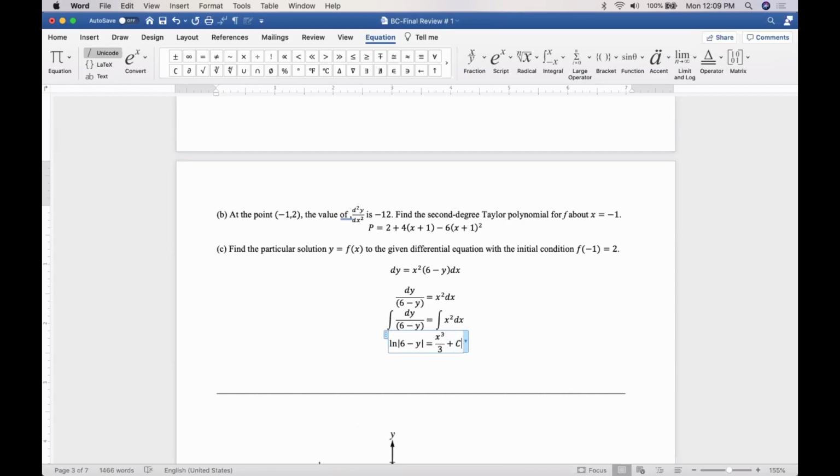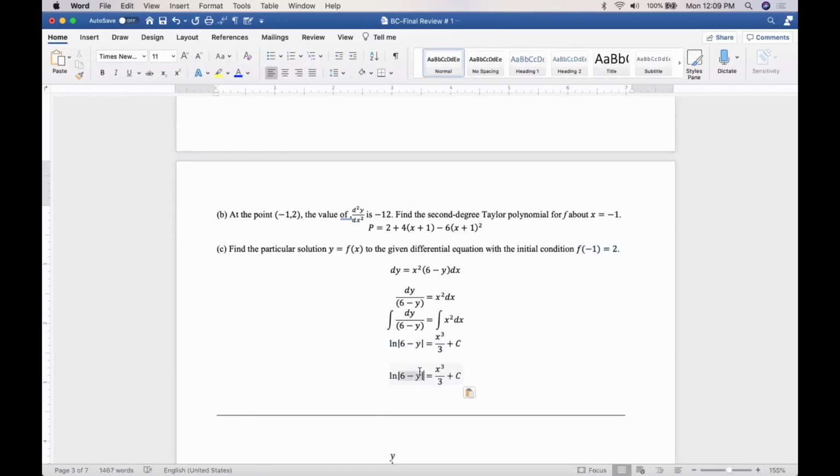What's my next step? Is to find the c. How do you find the c? By using the initial condition that's right there. So I am copying the y as a 2 and the x as a -1.